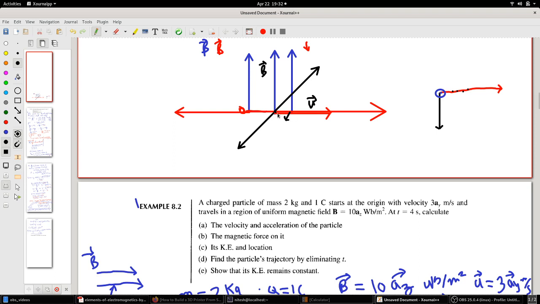This is what it will experience because this is the direction of U, this is the direction of B. If I use the right hand rule, my plane is my Z and Y plane, so I curl my fingers around the Z and Y plane, then X direction is my normal. So the charge will experience a force in this direction.